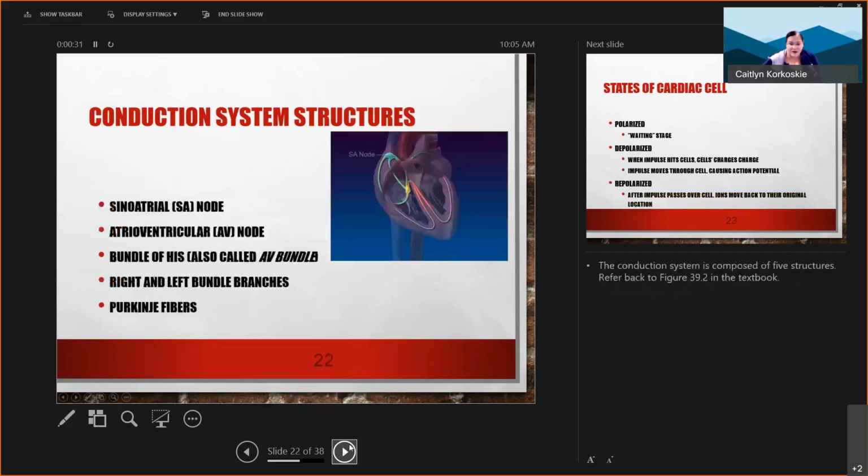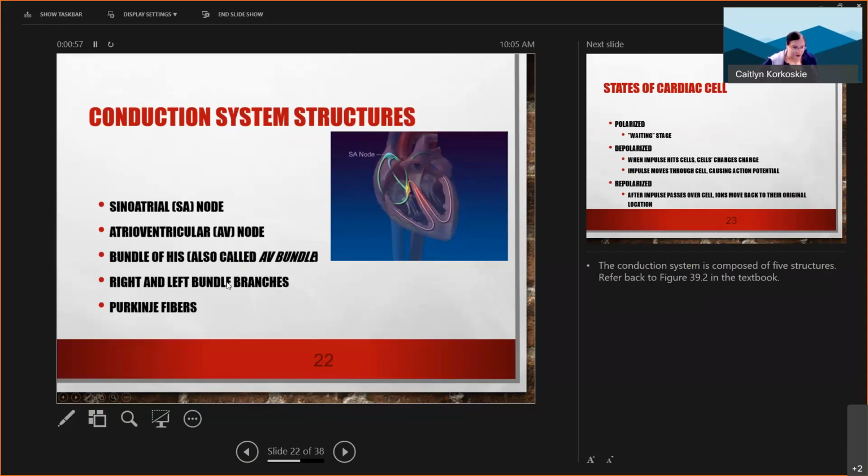This is what they're talking about here: the electrical impulse goes into the different nodes. You have your SA node, which is where the impulse starts. Then you have your AV node, which is where it goes from the top into the bottom parts of the heart.